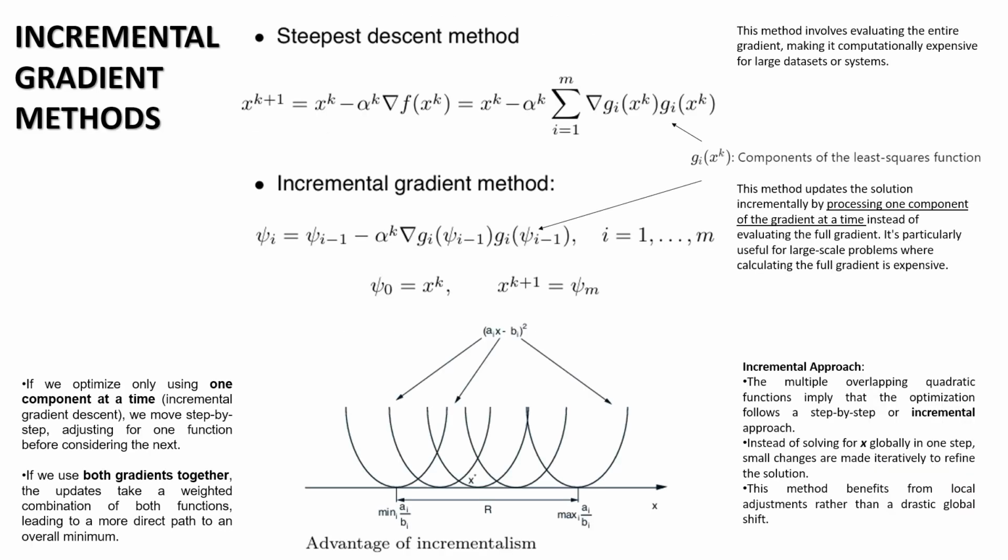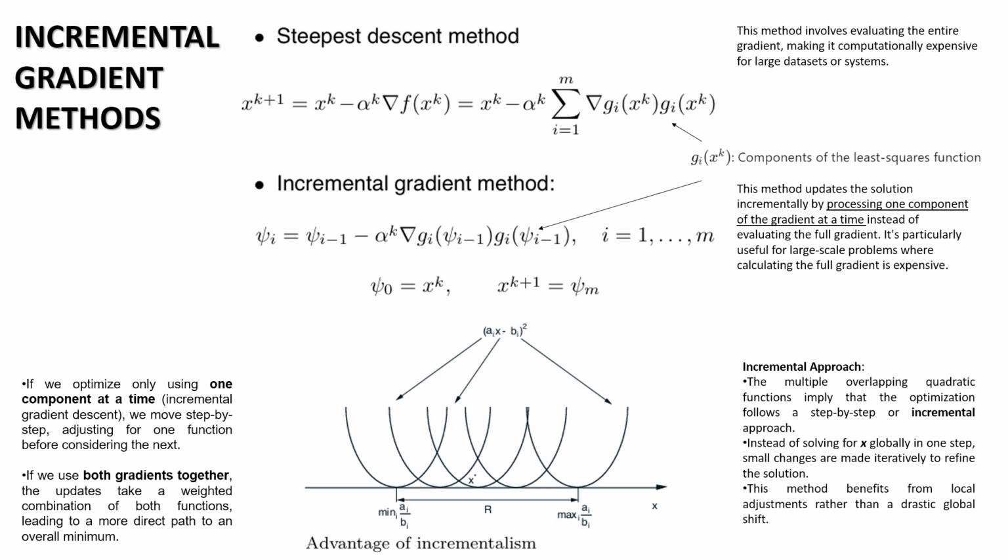Incremental gradient methods. At first, I would like to remind you of the steepest descent method. It involves evaluating the entire gradient, making it computationally expensive for large datasets or systems.